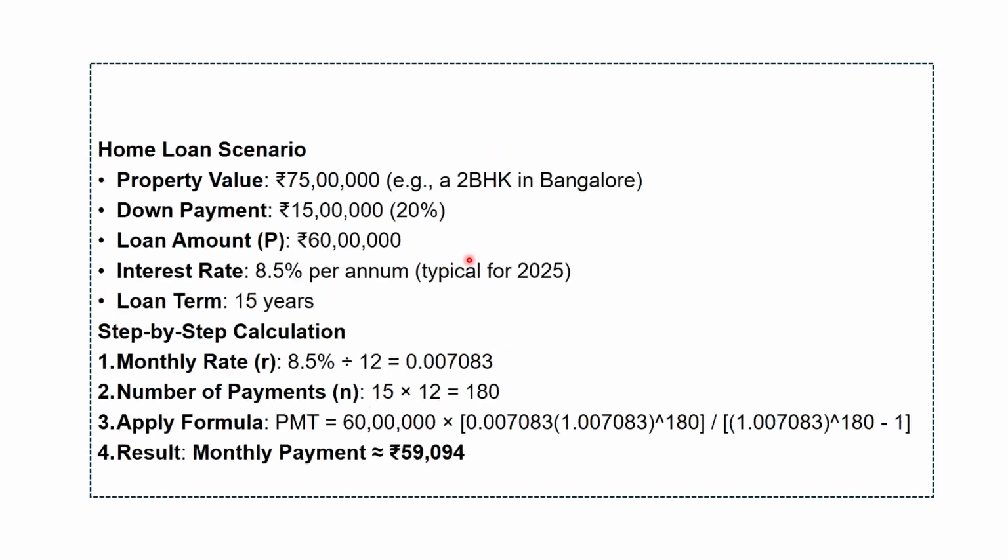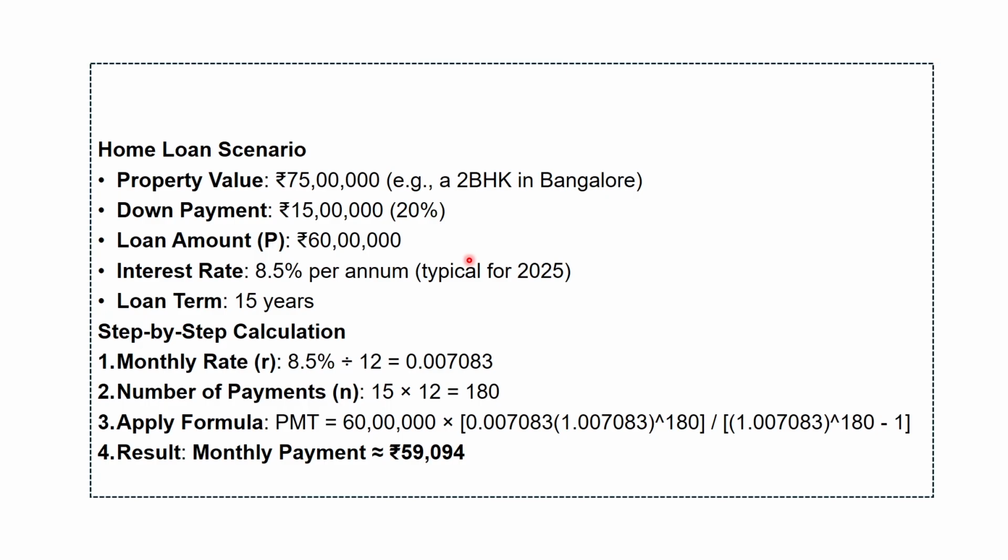Now, we will talk about a scenario where we are looking at this particular example of a 75 lakh property value with a 15 lakh down payment.